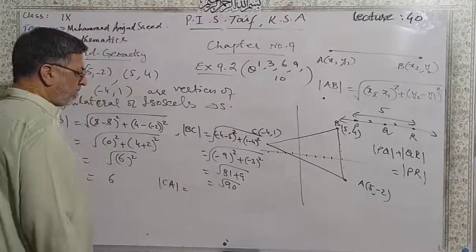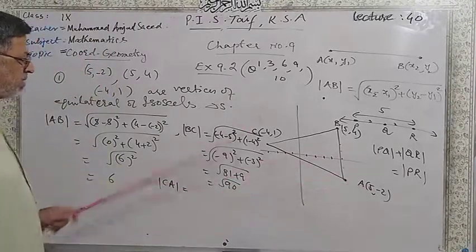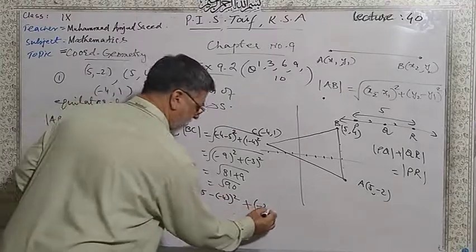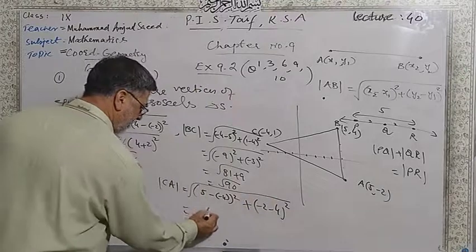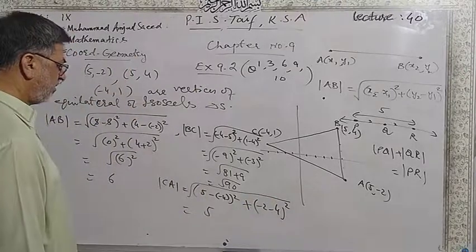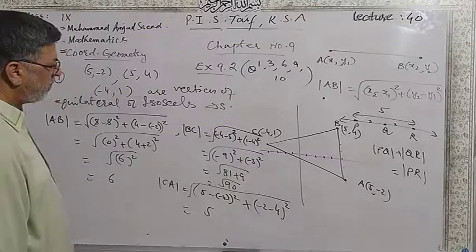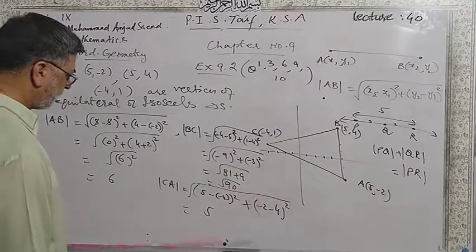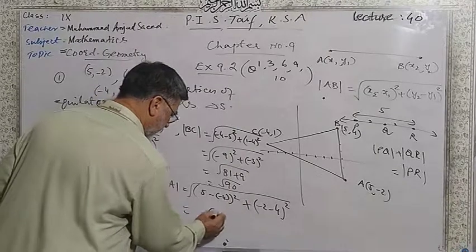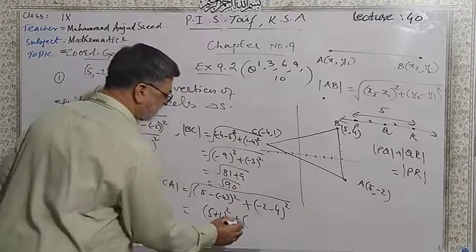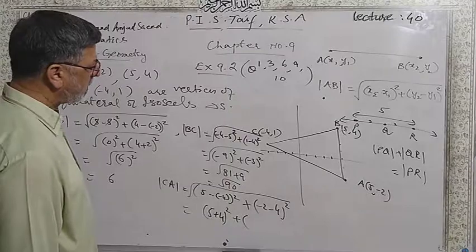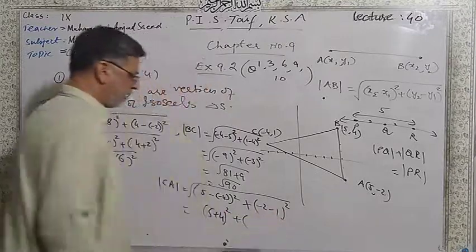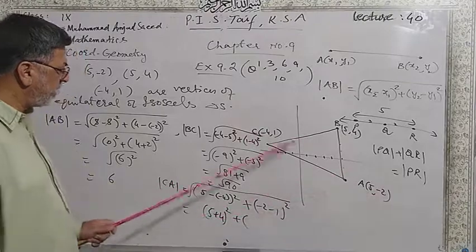|CA|. What about |CA|? Mean A minus C. First minus first whole square: 5 minus into minus 4 whole square, plus second minus second whole square: minus 2 minus 1 whole square.